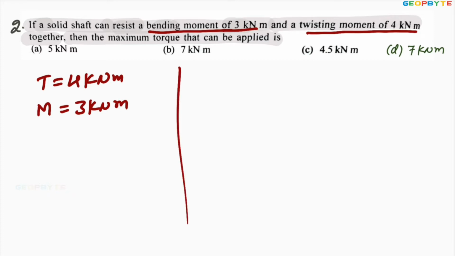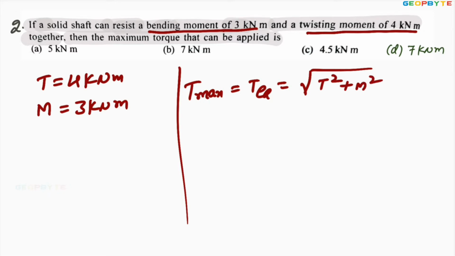Remember, when the shaft is subjected to both torque and bending moment, maximum or equivalent torque is to be taken to find the diameter of the shaft. That maximum torque can also be called equivalent torque. Equivalent torque is equal to root over T square plus M square.